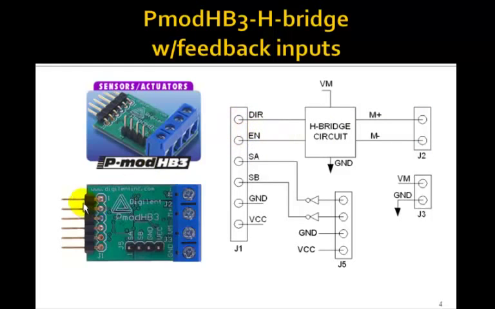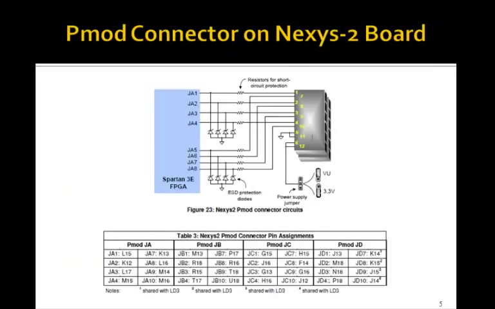Now these 2 pins would be these 2 pins on the board, and they plug into these PMOD connectors on the Nexus 2 board, for example. There are a number of these, so that particular one would plug into, say, here, and J1 then would be the direction signal. This J2 would be the PWM signal, and the J1, for example, is connected to pin L15 on the FPGA board, and J2 is connected to pin K12.